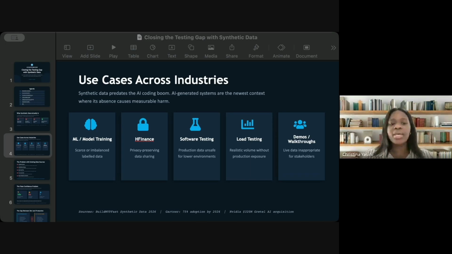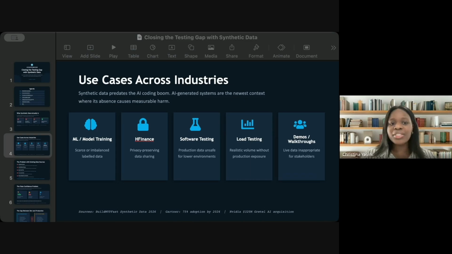So the first use case is that of machine learning and model training, which is about the data you use to teach an AI system how to make decisions. The core problem that we've seen here is that the data you have is almost never representative of all the situations that the system encounters. For example, a fraud detection model that is trained on real transaction data has very little actual fraud because fraud is rare.